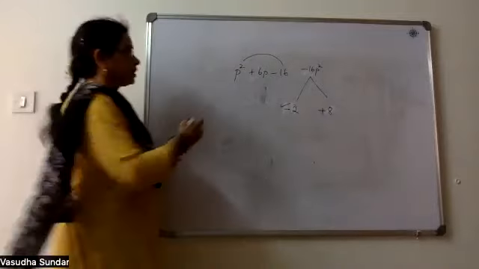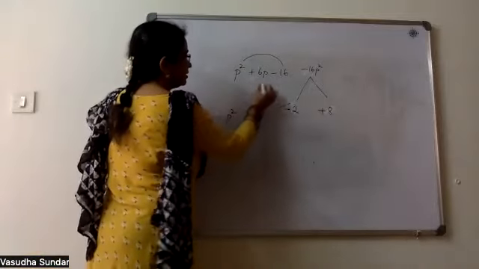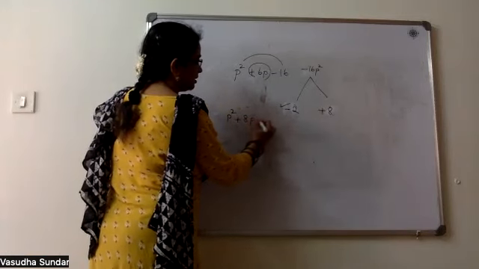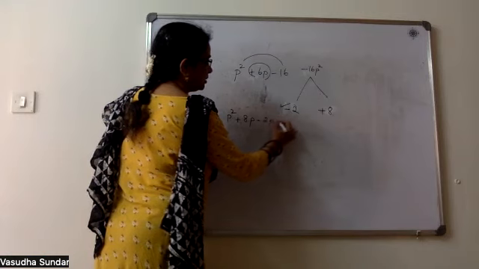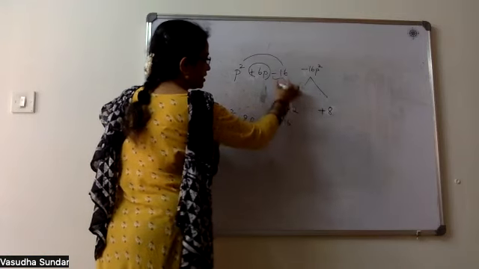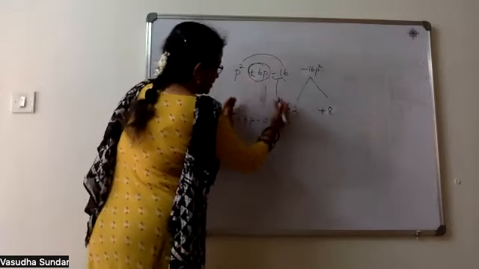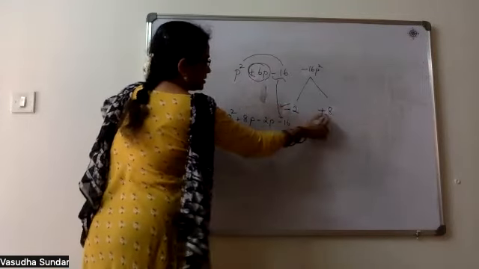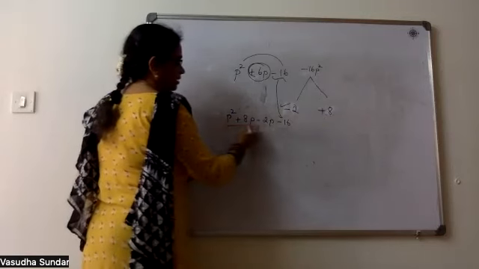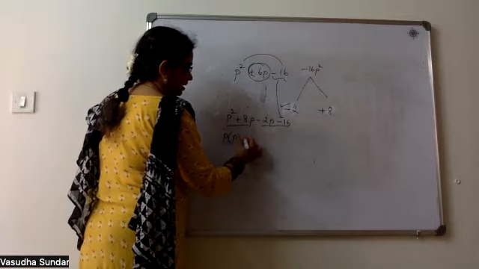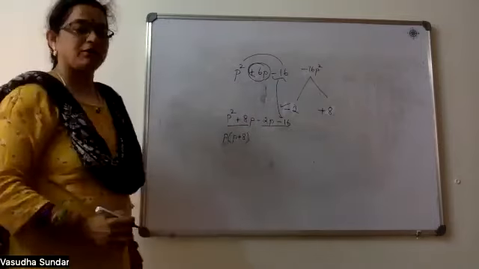So now what will happen? P square plus 6p minus 16, I write it as p square plus 8p minus 2p minus 16. This I write as it is. No change. Only this I am replacing with this. Now I take p common: p into p plus 8. This I have done correctly, I am confident.